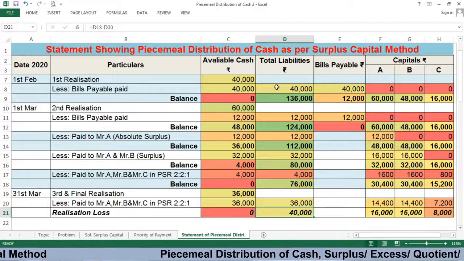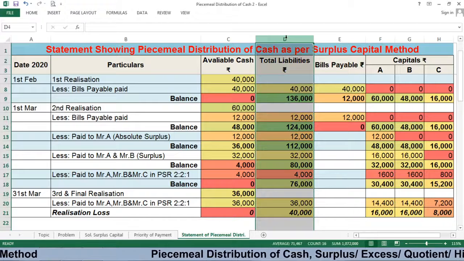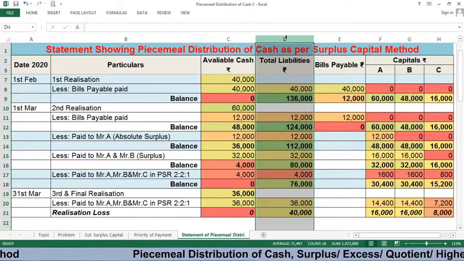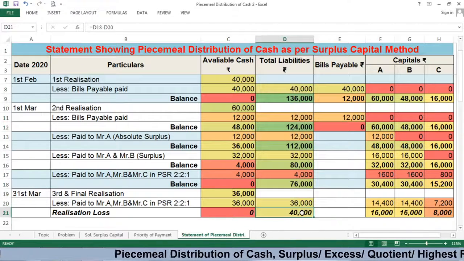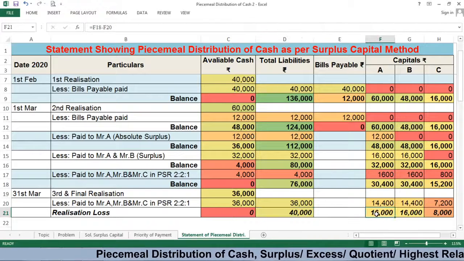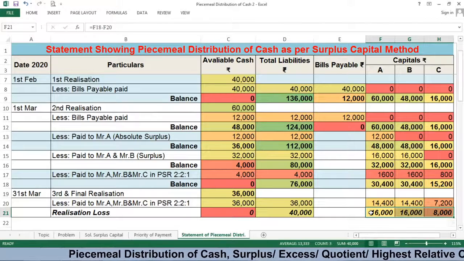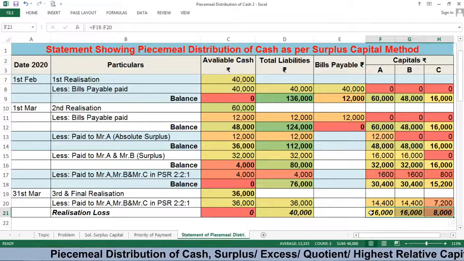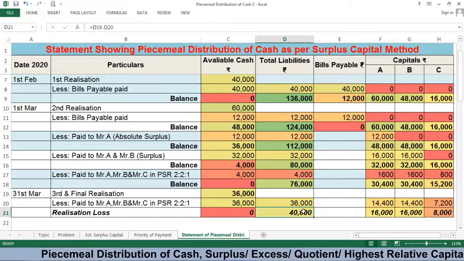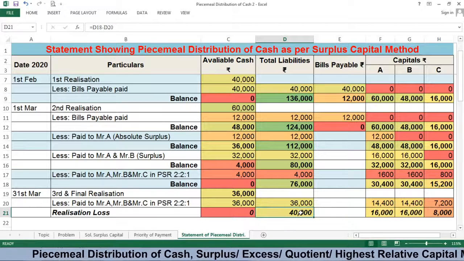As I said earlier, you have to prepare this column as an extra column, which will be helpful to check how much amount you still have to pay. The total of your partners' capital balances, or the amount which is not paid to the partners, is 40,000, and our total liability still payable is also rupees 40,000.